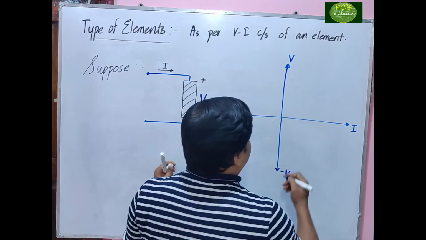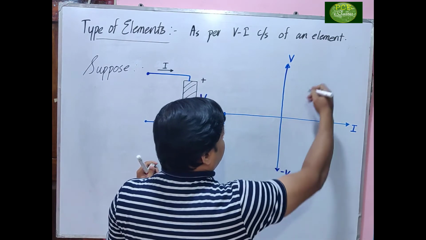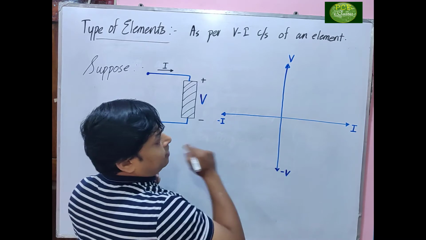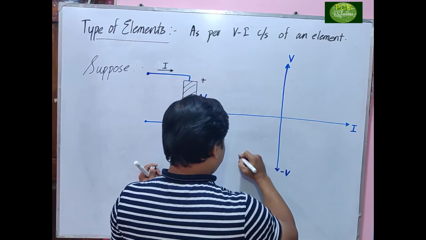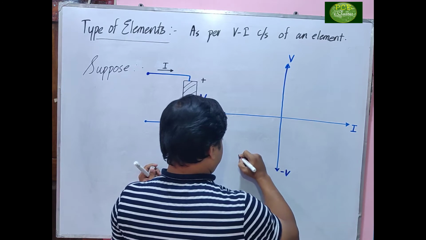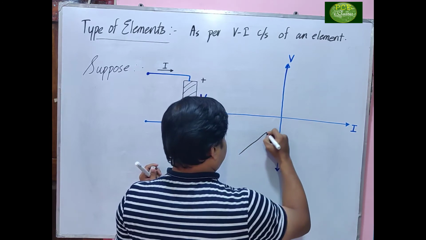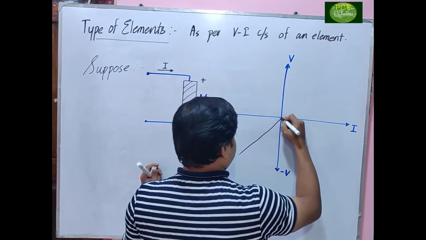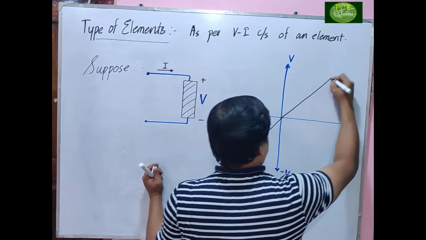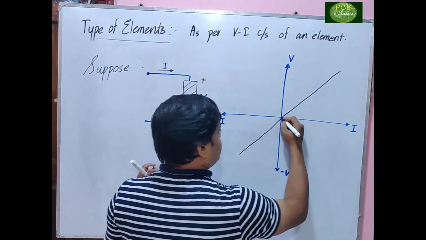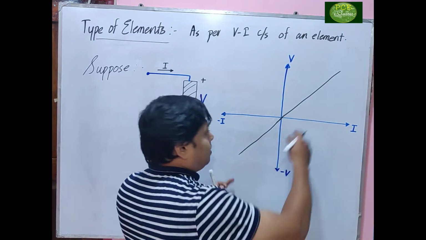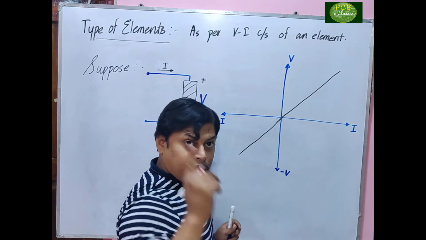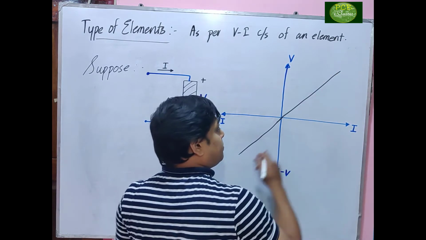If I am taking the VI characteristic of this element, and the element is having a characteristic like this. How many straight line? One straight line, right?